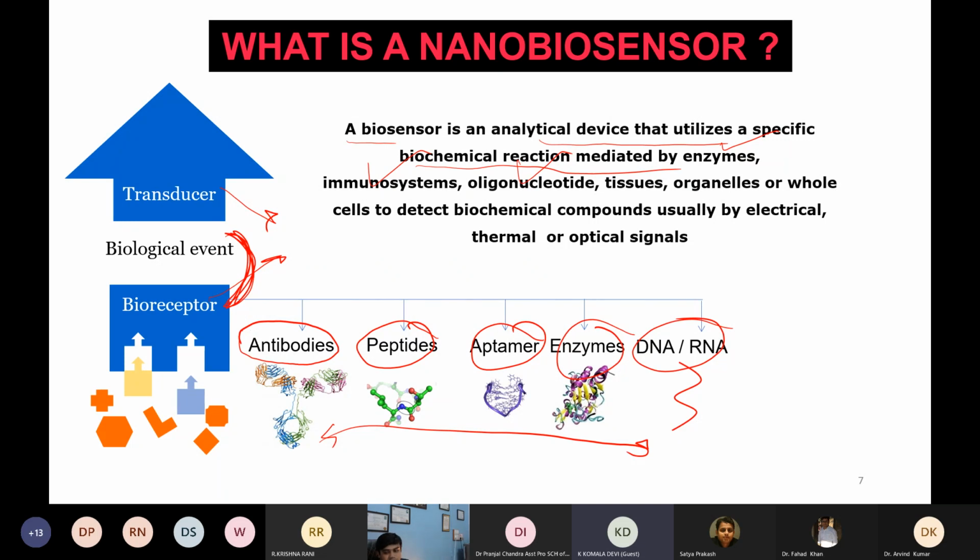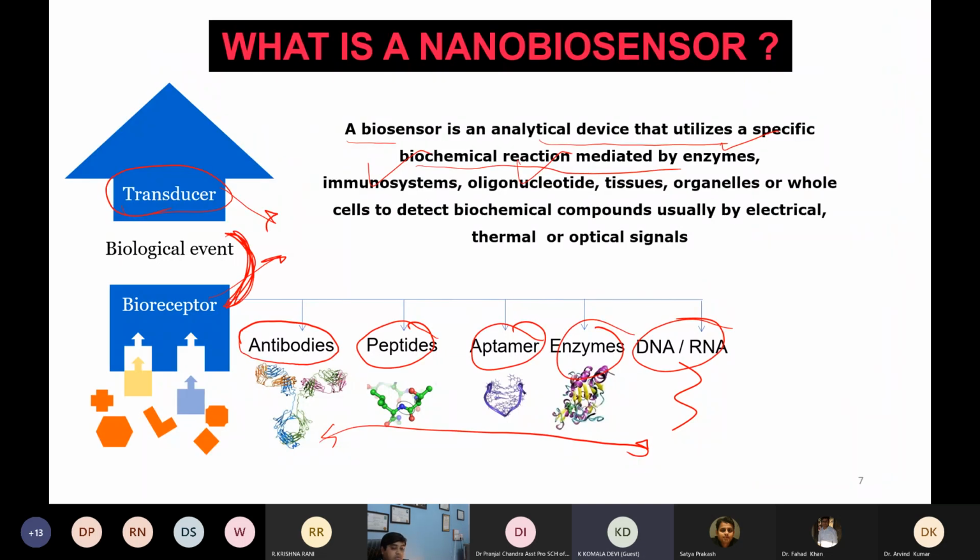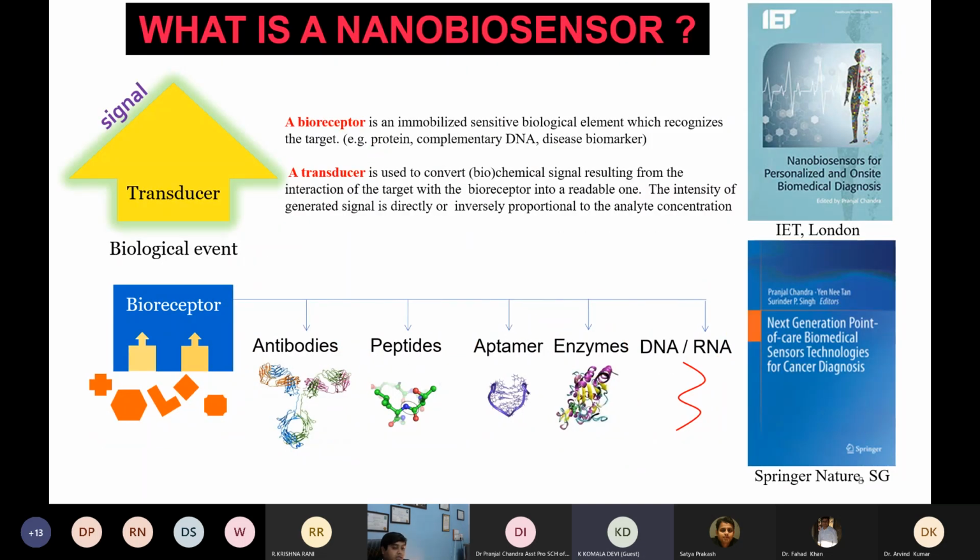So in order to measure that, you need to have a convertible readout. Here comes the importance of the transducers. They convert the biological event into a readable signal. If you see the next slide here, the transducer which was blue here becomes red. And here the signal output is coming. So what happened?